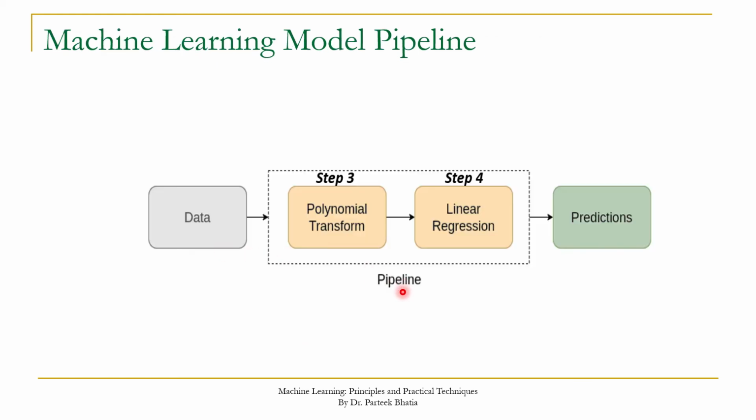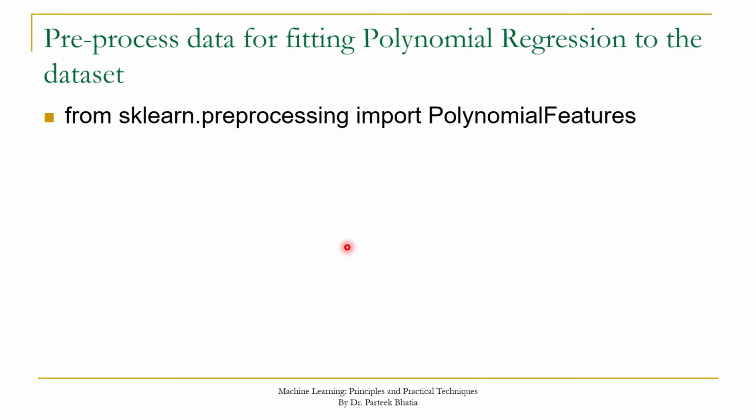You can see from this data pipeline that we first have to perform polynomial transformation, and only after performing polynomial transformation can we build the model and then make the predictions. So first of all, in this step, we are going to perform polynomial transformation or pre-processing of our X. In order to convert it into different degrees, we have a class named PolynomialFeatures, which is a part of the preprocessing sub-library of sklearn.